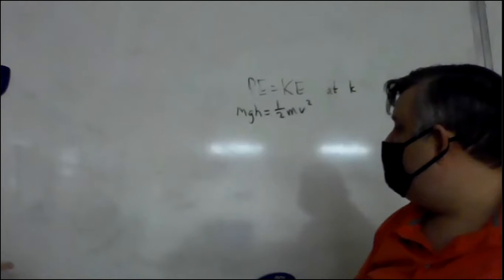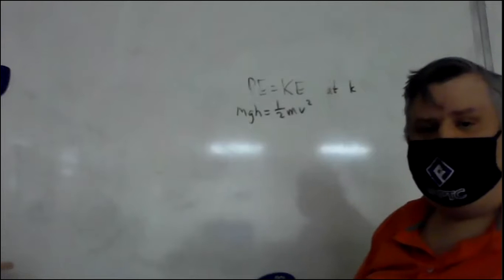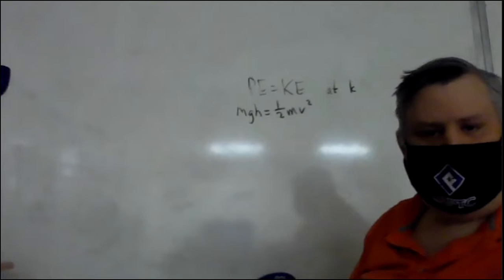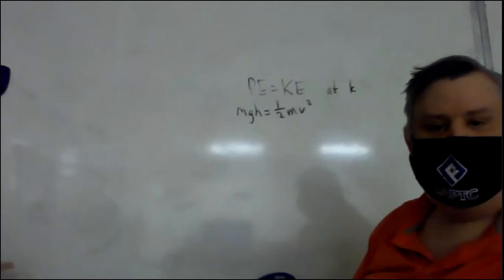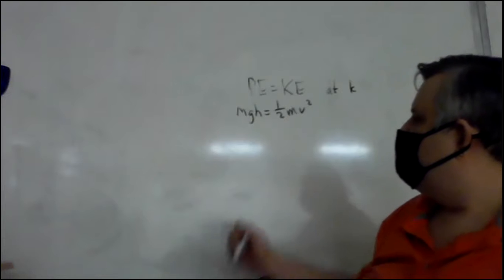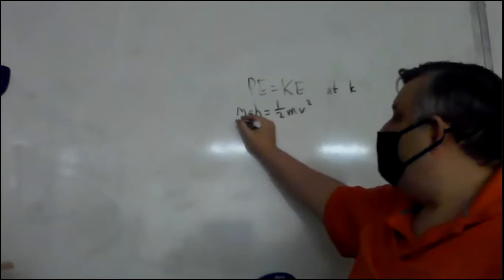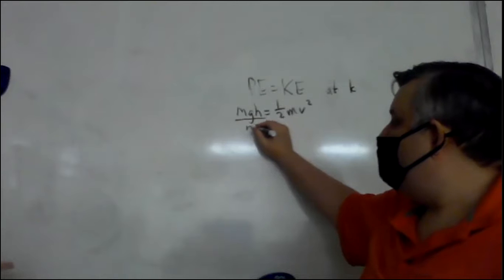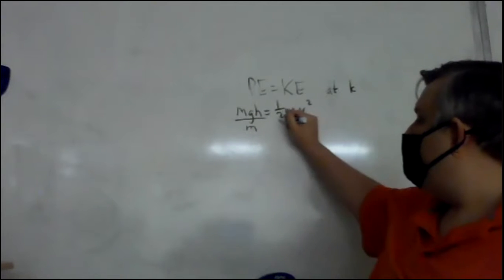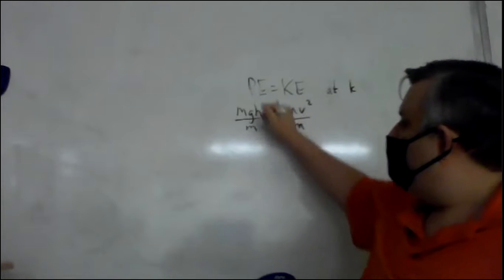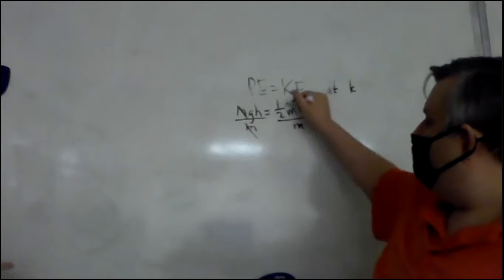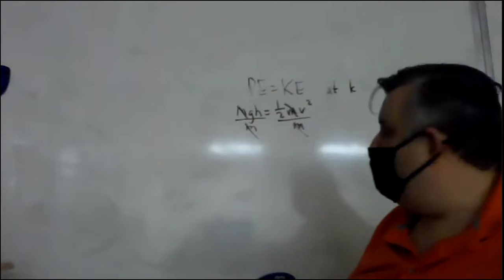So MGH is equal to 1/2 mv squared. MGH being the formula for potential energy and 1/2 mv squared being the formula for kinetic energy. I see mass on both sides, so I'm going to divide this side by m. And if I do it over there, I need to divide this side by m. Notice I did it over here to get them to cancel, but they cancel over here as well.